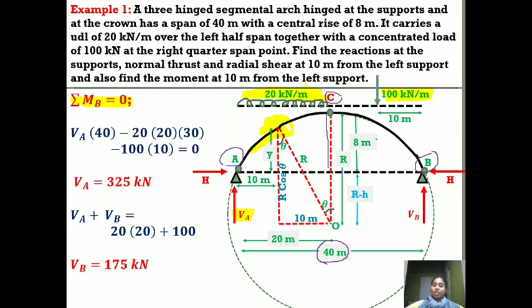This 20 kilonewton per meter UDL is anti-clockwise, so it is minus 20 into 20, where 20 is the intensity and 20 is the length of the load, multiplied by 30, because half of this distance is 10, and 10 plus 20 is 30.